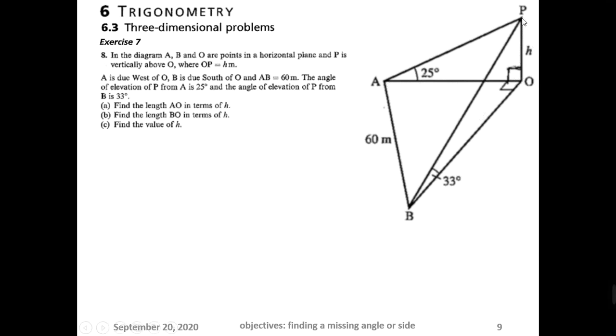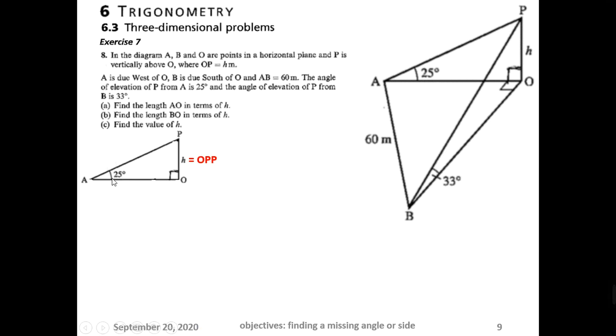Accordingly, we're going to choose triangle POA or triangle AOP. We can name it POA or AOP, and we're going to draw a little sketch for it. Now, the given angle is 25 degrees.